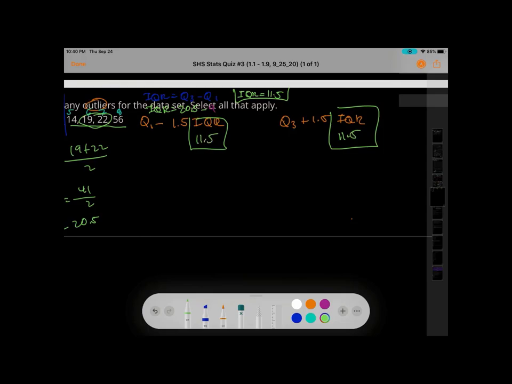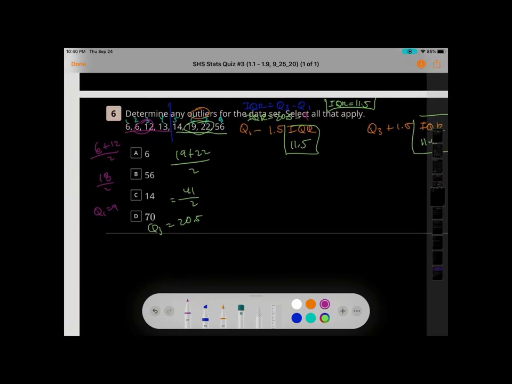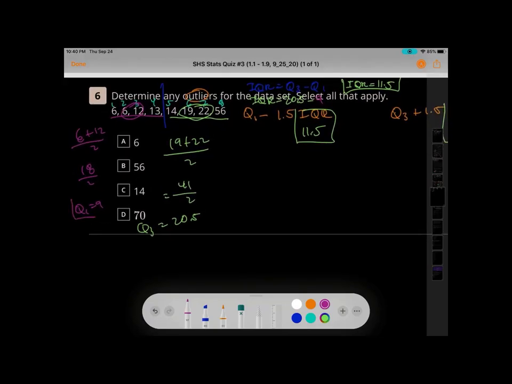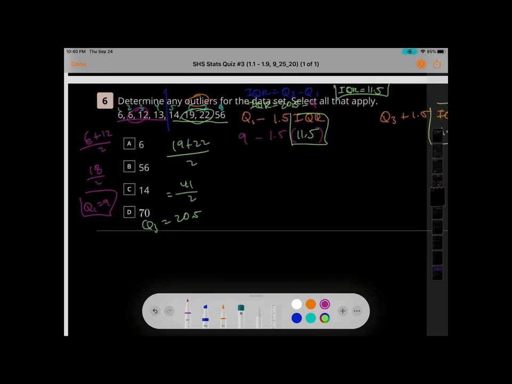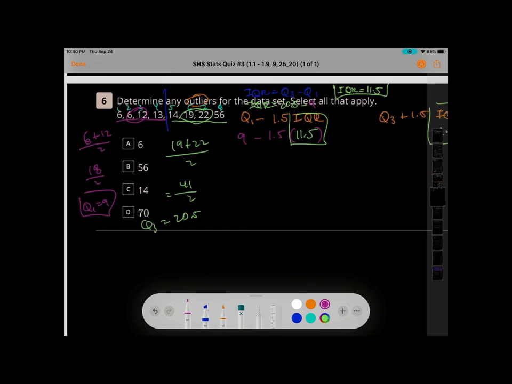So Q1 is 9 minus 1.5 times this number. Let's just do that since we're here.